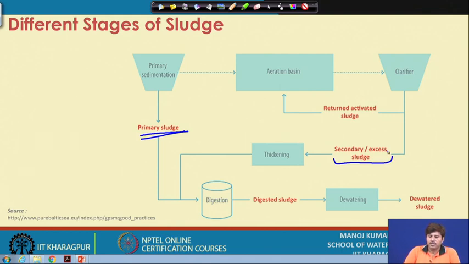So, these are the two sludges that are there for management, but then we get the different stages of sludge, because when we start processing this sludge, we will get the dewatered sludge, the digested sludge, and somewhere we can call it thickened sludge.